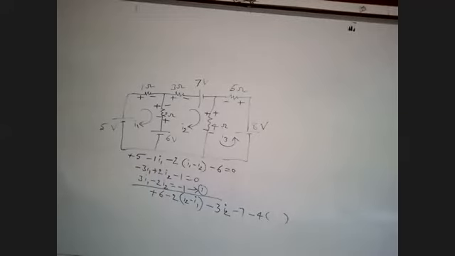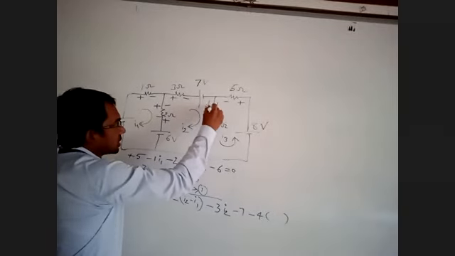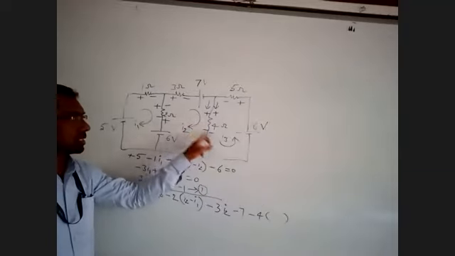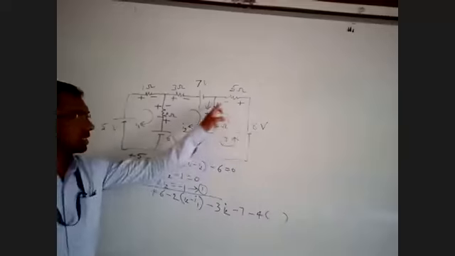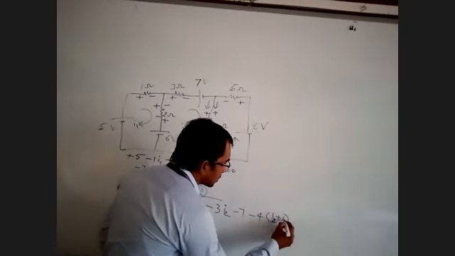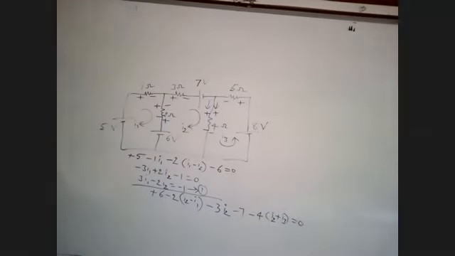I2 plus I3. See here, I2 is in the downward direction. I3 is also in the downward direction. Both are the same polarity. I2 downward direction, I3 downward direction. That is I2 plus I3. We have completed the second loop. Entire second loop is completed.